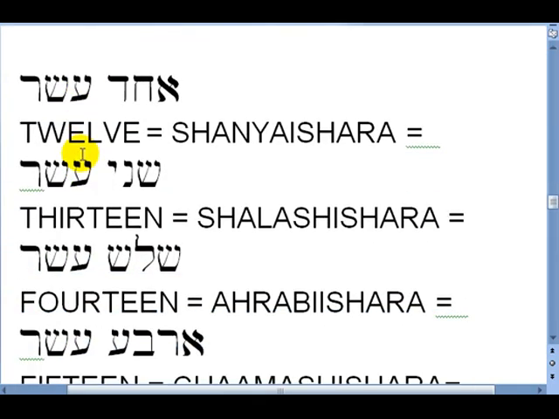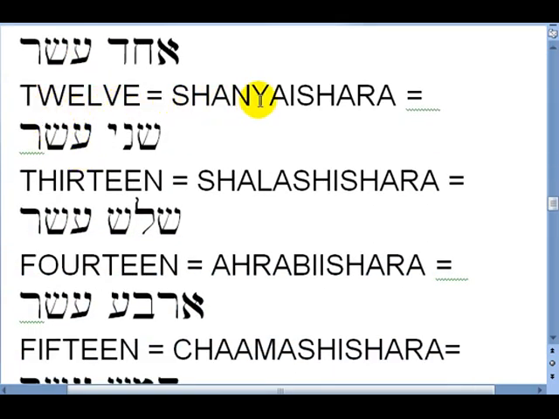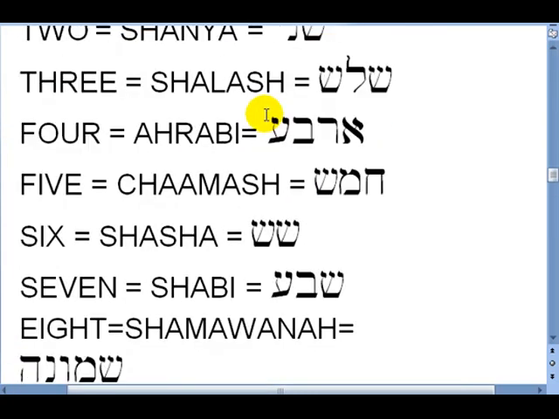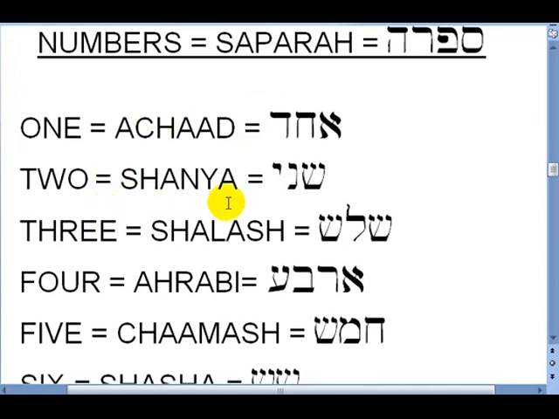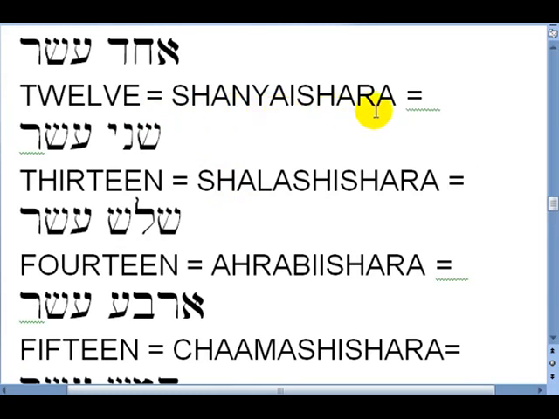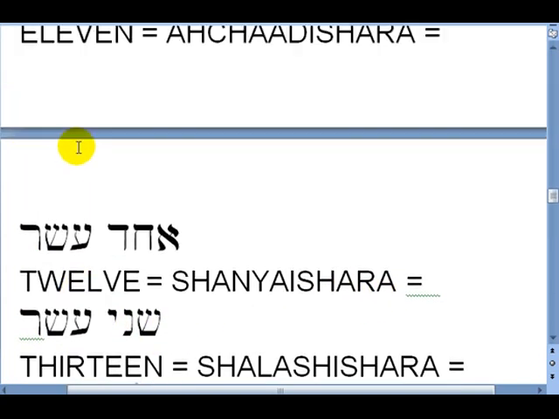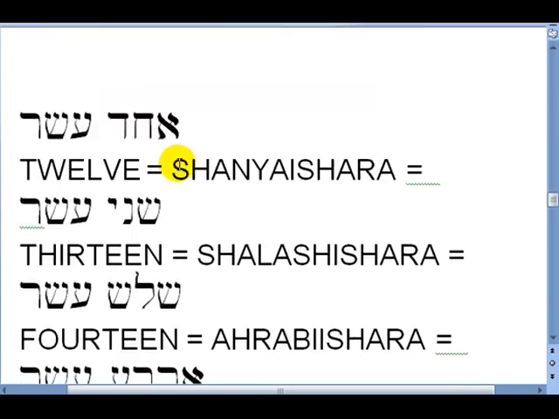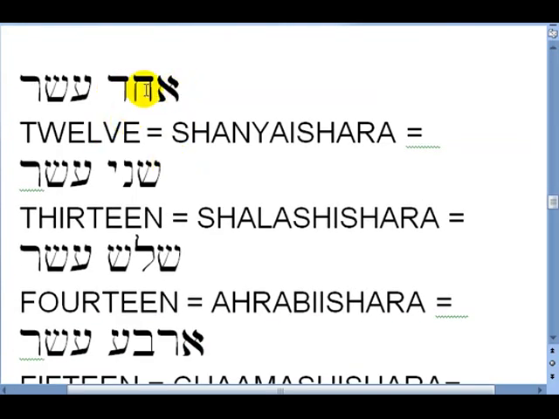Matter of fact, let me do 12 since they're together. 12, Shanya Aishara. Shanya is 2, Aishara is 10. As you can see here, 10 is Aishara. So you just add the number 1 and then the number 10, which makes it 11. The number 2 and the number 10.